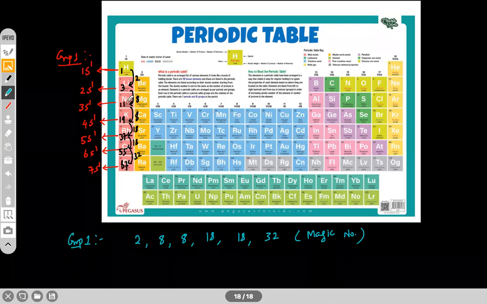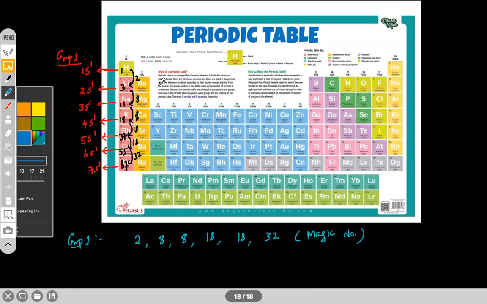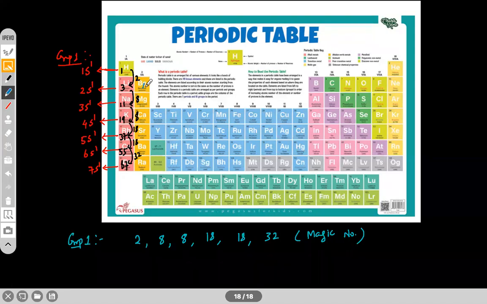But here what happens, beryllium atomic number is 4, magnesium is 12. So for group 2, what is the magic number? Could you tell me? The only difference is this atom we do not have on the top.